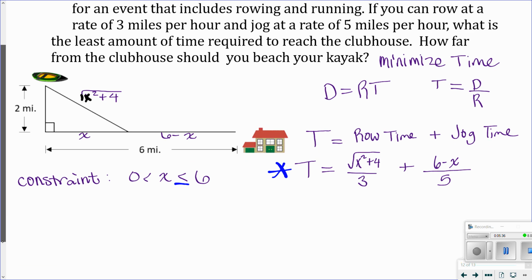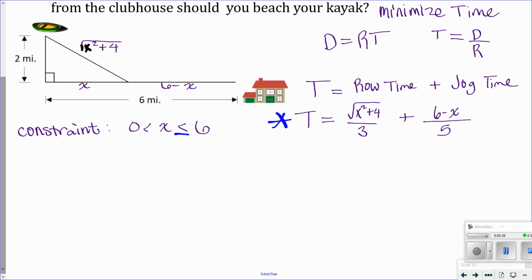Okay, so to do that, I am going to call this T prime of X. And I'm putting the of X in there to make it clear that this is a function. And so this is really like 1/3 of the square root of X squared plus 4. So this is going to be 1/2 times 1/3, and that 1/2 comes from this being really x squared plus 4 to the 1/2 power.